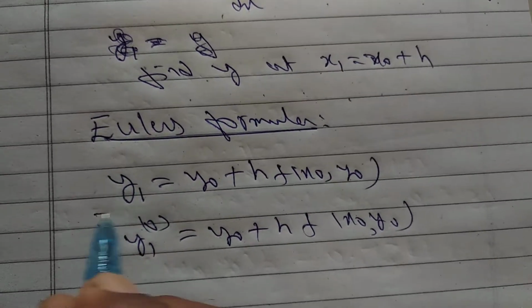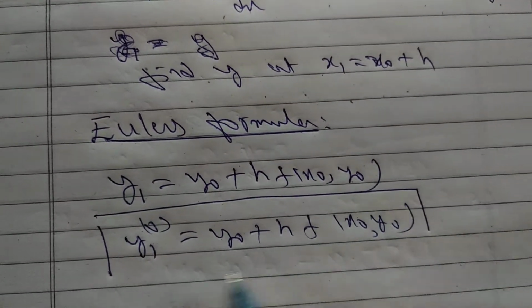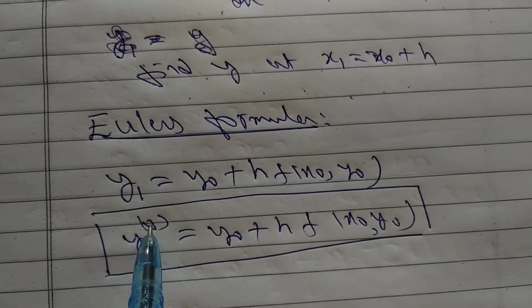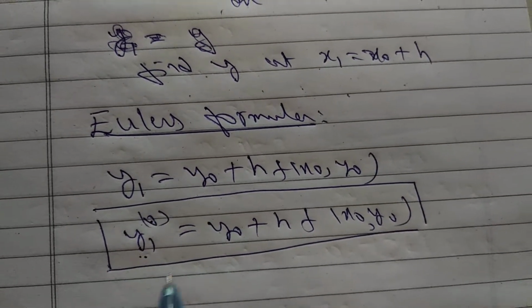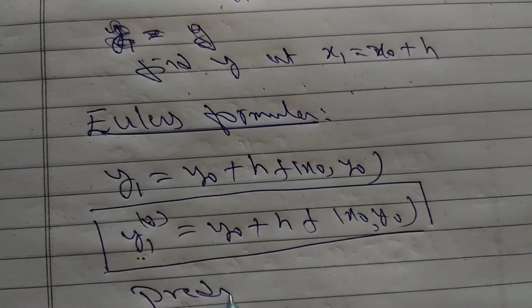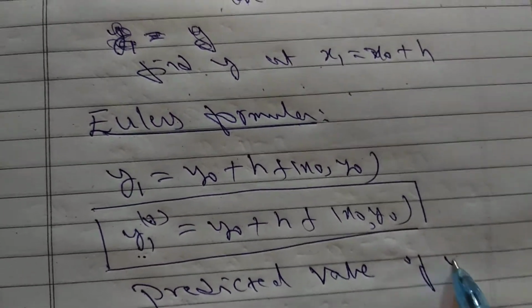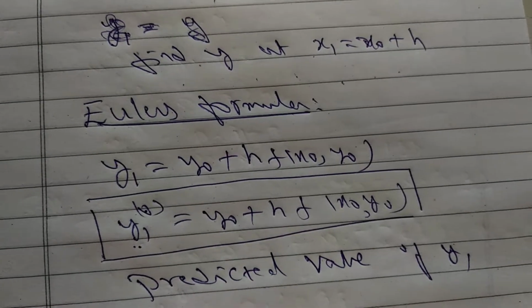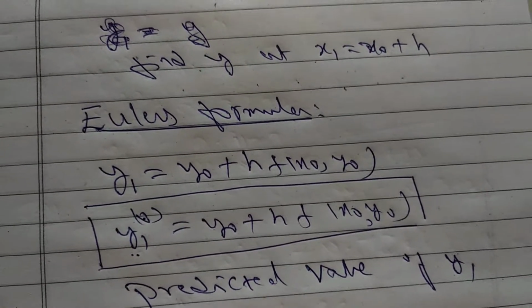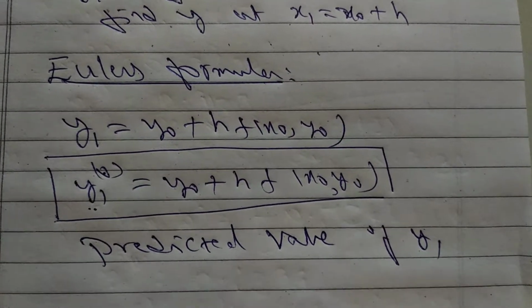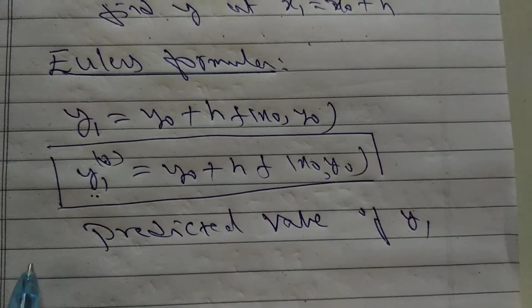This formula is known as Euler's formula, and y1 to 0 is called the predicted value of y1. Now, the accuracy of Euler's formula is low, so that's why you have to use Euler's modified formula.